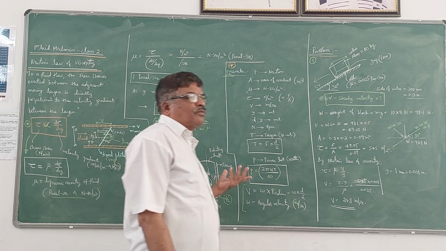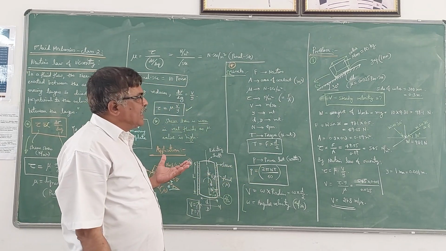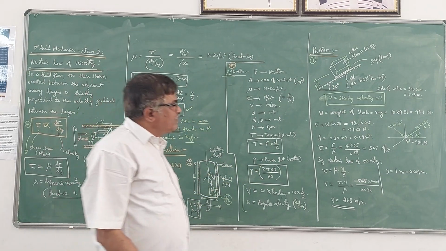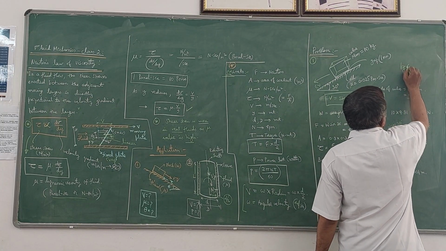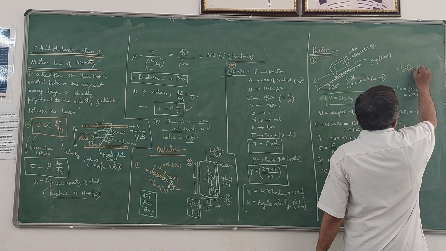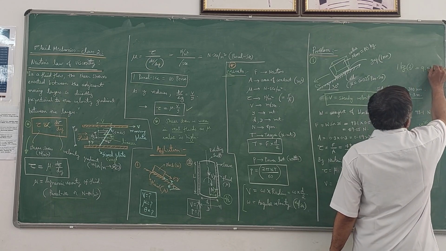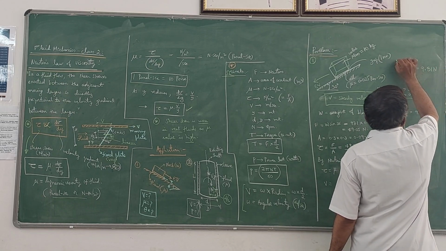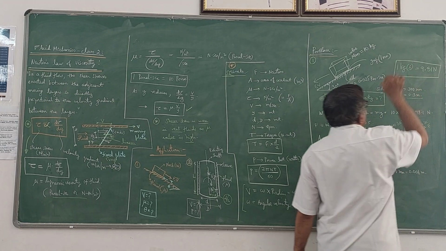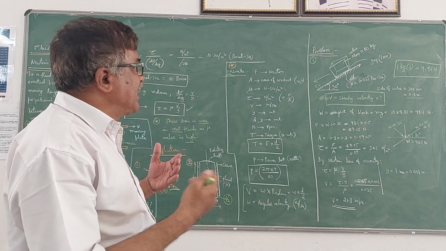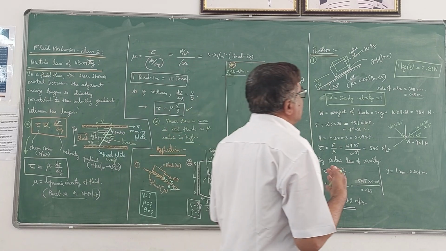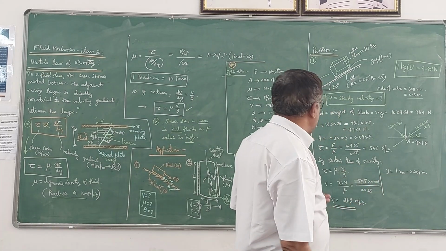If they give the weight in Newton directly, you can take that. Sometimes they may give the weight in kg force. 1 kg force is 9.81 Newton, so you have to convert. If the weight of the block is given in kg force, you have to convert it into Newtons using 9.81. Suppose it is 10 kg force, then take 10 into 9.81.